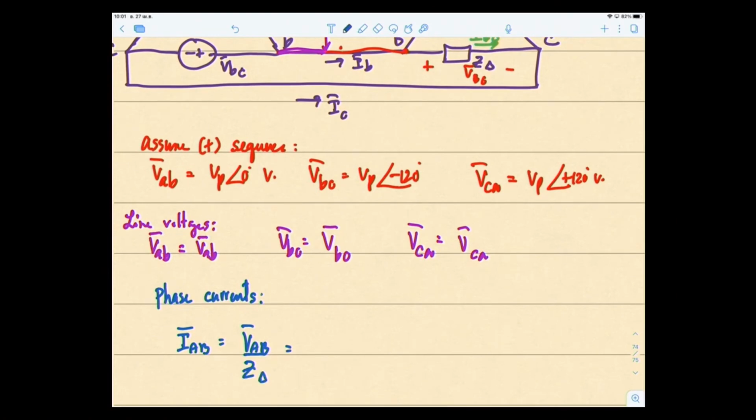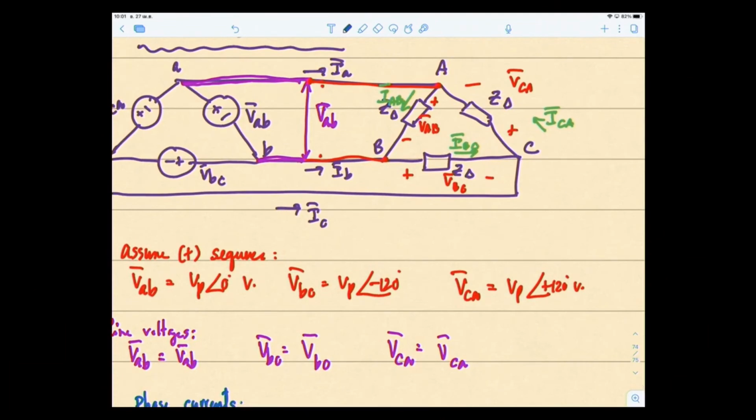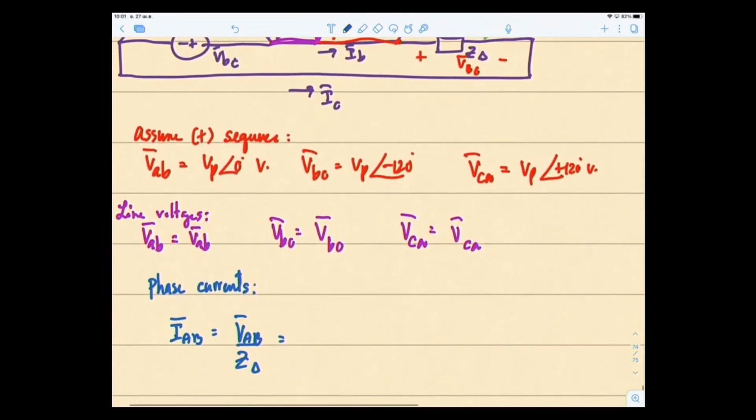But realizing that the voltage drop across the phase, the load, is the same as the line and the same as the phase voltage on the supply side. So this is nothing but VAB over Z delta, equal to V phase angle 0 degrees over Z delta amps.